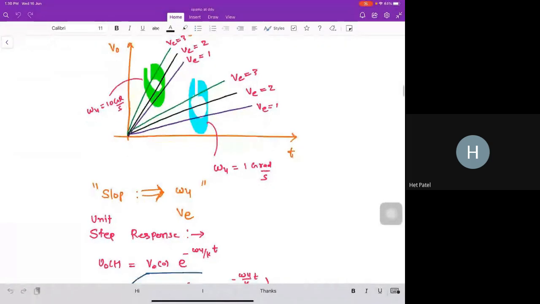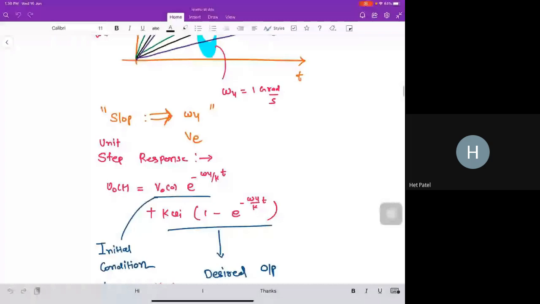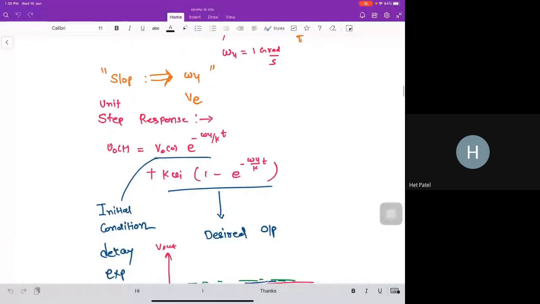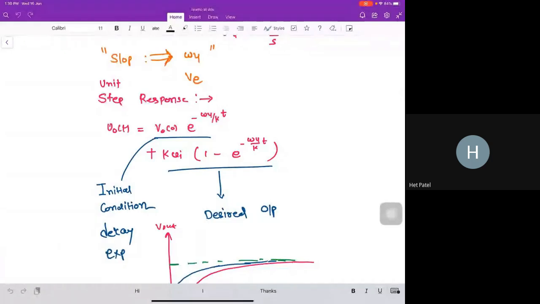If we derive the unit step response of this closed loop transfer function, I haven't brought the derivation here. Just plug this here, just to get the intuitive feel. Don't worry, just to get the intuitive feel. So here the V output has two terms. The first thing is, due to the initial condition, there will be a decaying exponential, like when you have solved a differential equation: complementary function and particular integral.